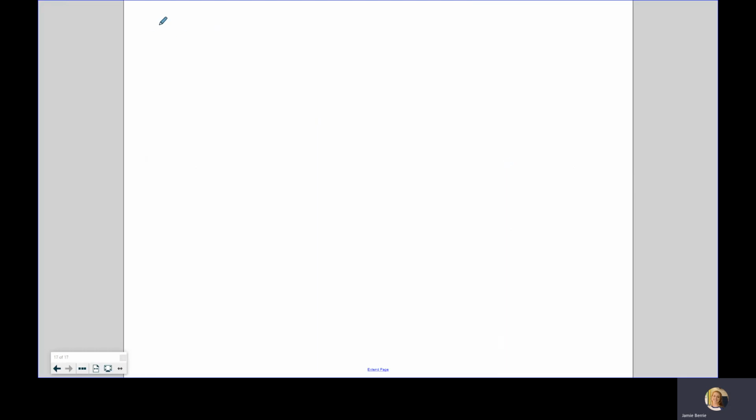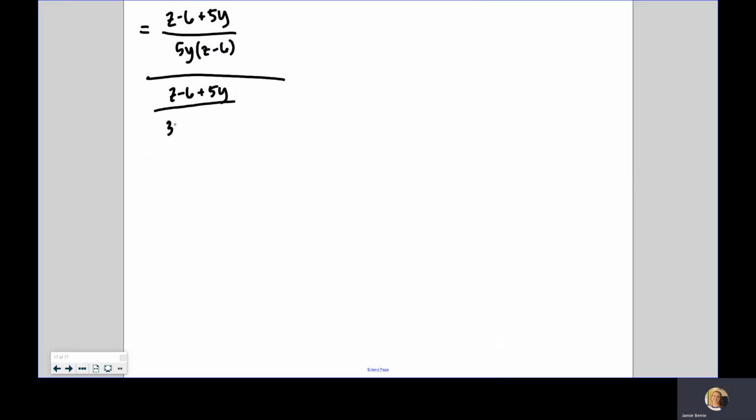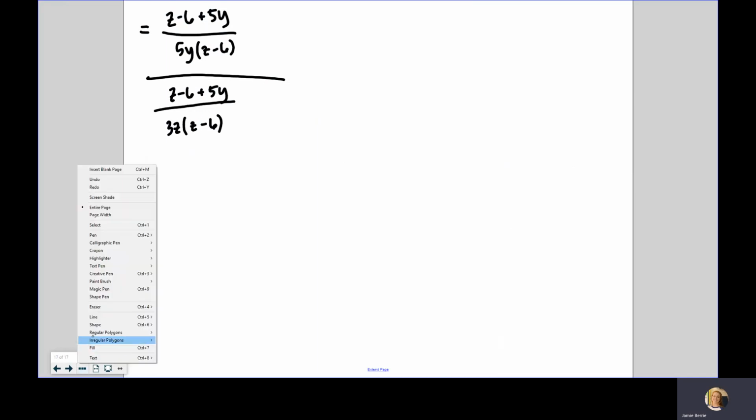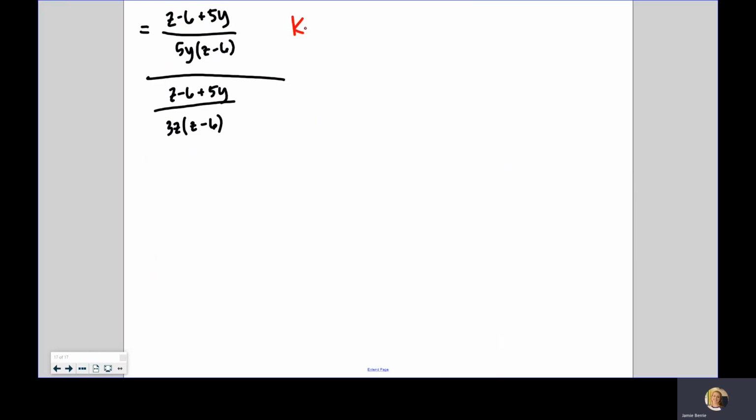All right, so here's what we have going on. We have z minus 6 plus 5y over 5y times z minus 6, all divided by z minus 6 plus 5y over 3z times z minus 6. We're now going to keep, change, flip, or multiply by the reciprocal.